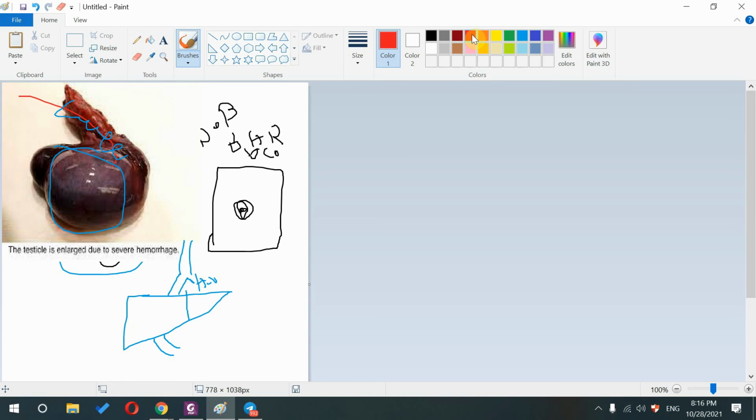In case of a syndrome called Budd-Chiari syndrome, the main idea is that there is an occlusion of the hepatic vein at this portion. Why is there an occlusion of the hepatic vein at this portion? Most likely, it's due to a hypercoagulable state. What can lead to a hypercoagulable state leading to occlusion of the hepatic vein? The first reason is OCP, oral contraceptive pills. Why? Because estrogen leads to a hypercoagulable state. What else?